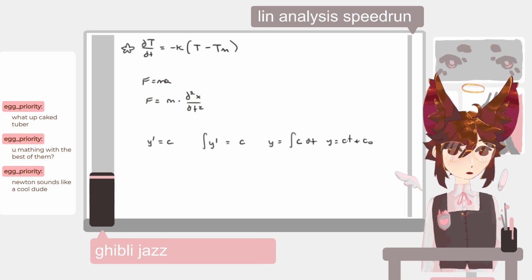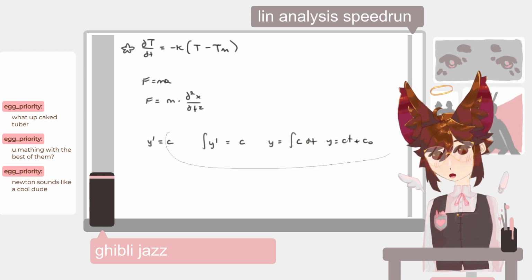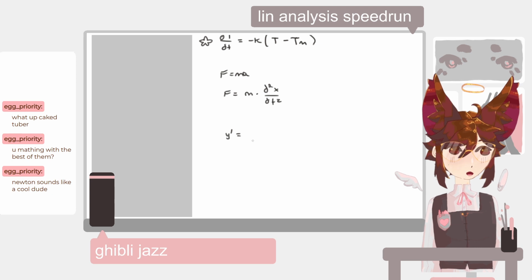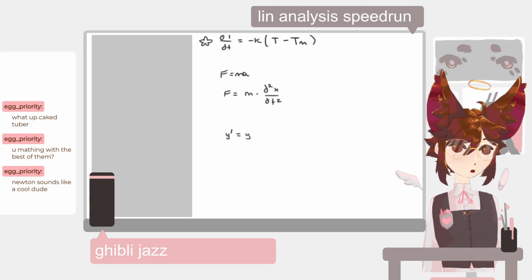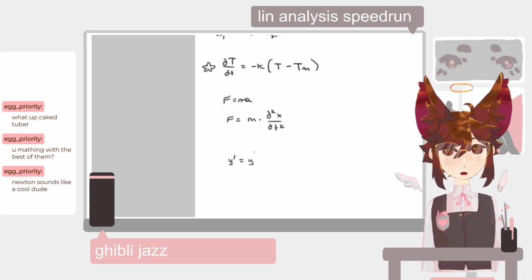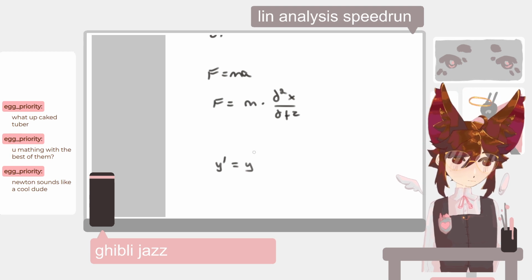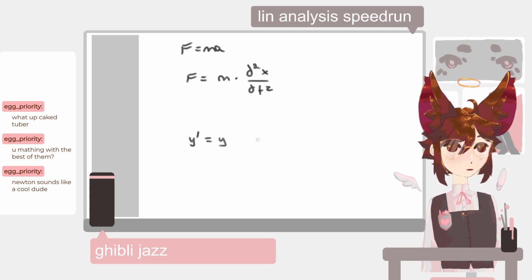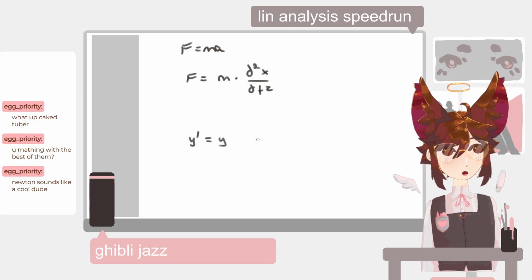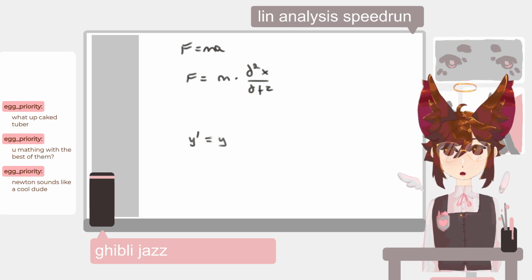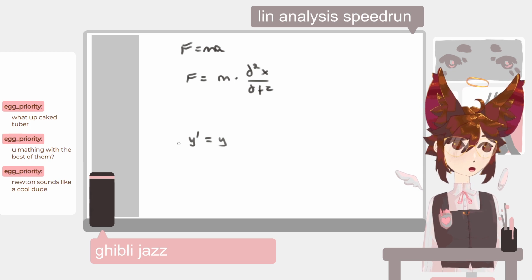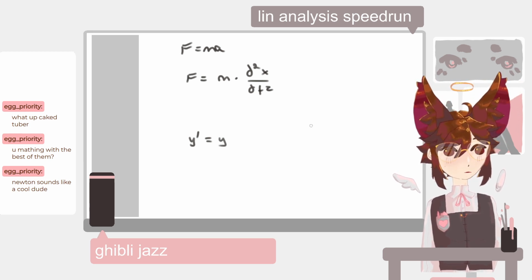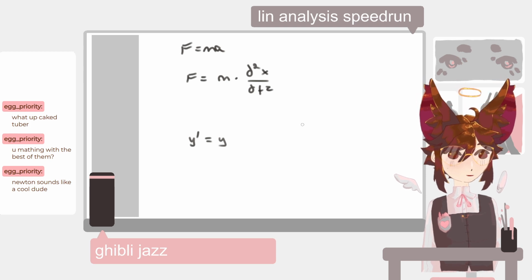But let's do a little bit more interesting one, because that's technically a differential equation, but let's do y prime equals y. We can think about this a couple different ways, right? But since we don't have any tools in our tool belt, we just need to logic it out. So we know that the derivative of y has to equal its original function. There are only a couple functions that ever repeat themselves in derivatives, right?